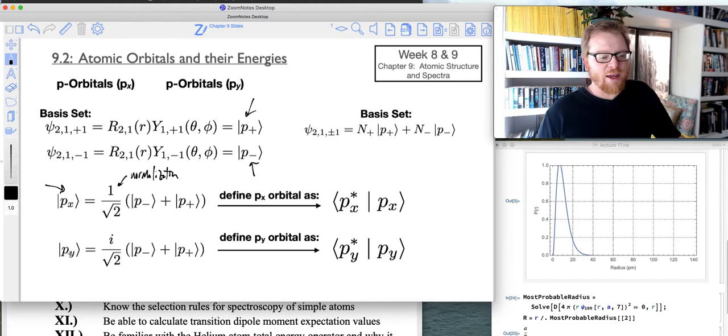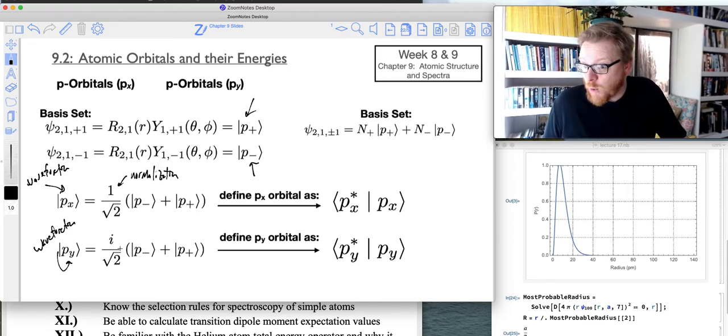And then now we also define the py wave function. So I'm going to remind you these are wave functions. And so now we get this normalization constant, i over root 2. Totally fine that it has an i in it because we're going to square it.